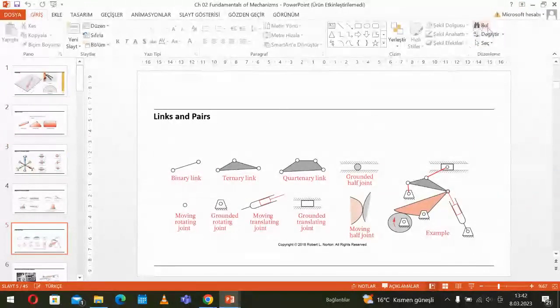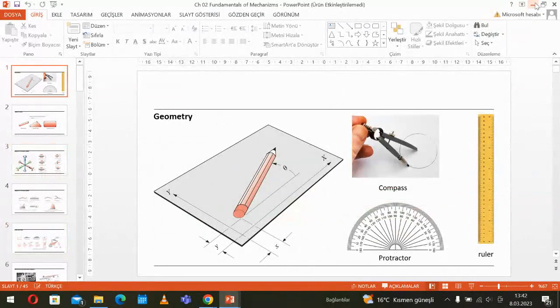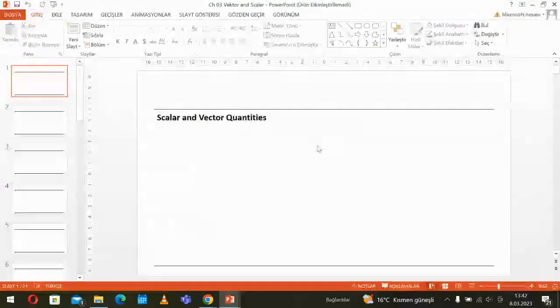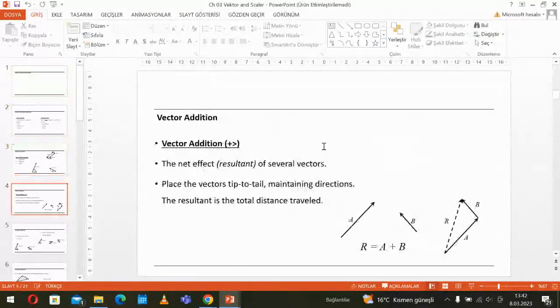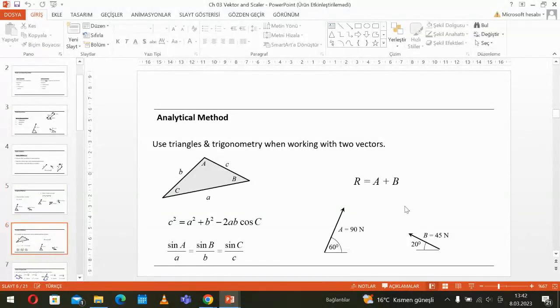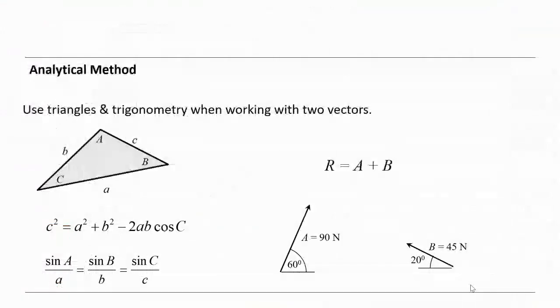Actually we had it in our last lesson. Here are the vector calculations, the analytical method. Use the triangle.